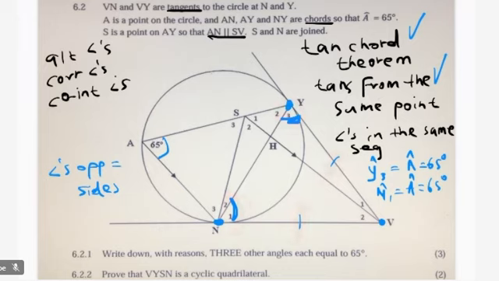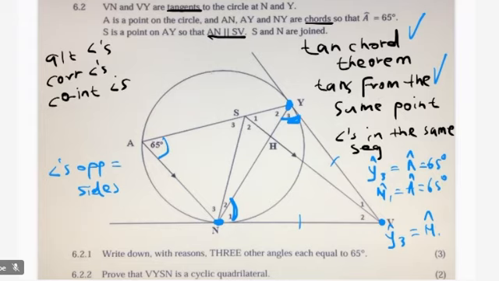Or it can be reversed: if these angles are equal, the sides will be equal. So it's the properties of an isosceles triangle. We have angles opposite equal sides here. So we can say that Y3 is equal to N1. Basically, we have already proven that Y3 and N1 are equal to 65.